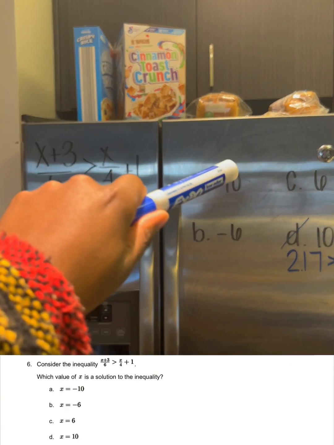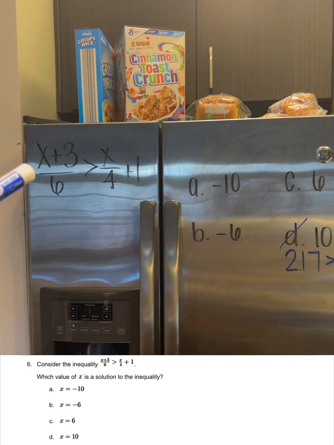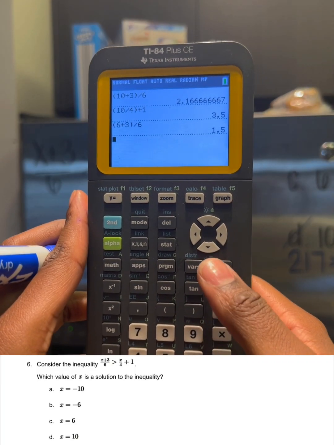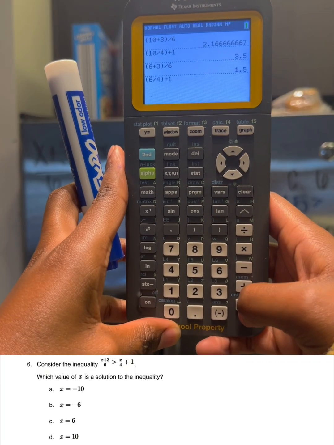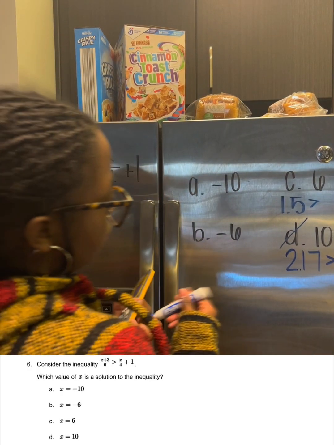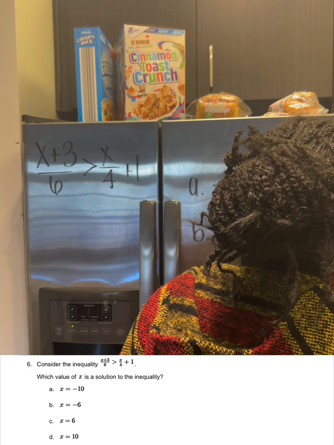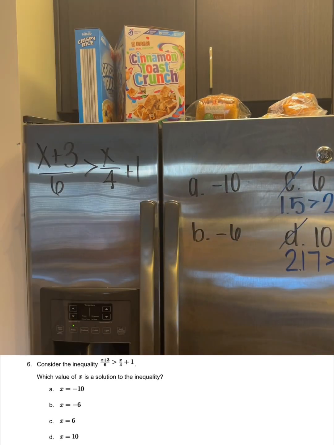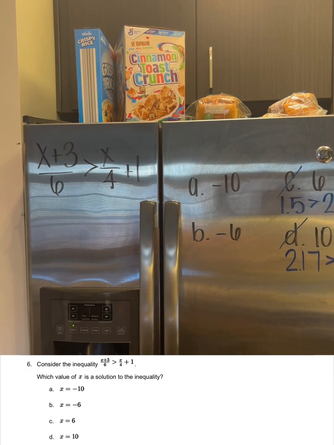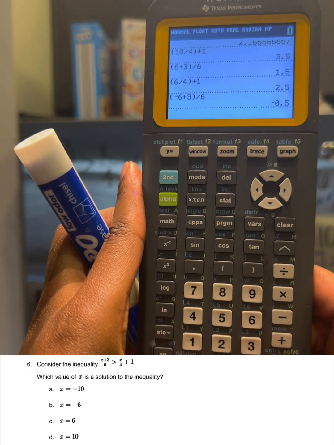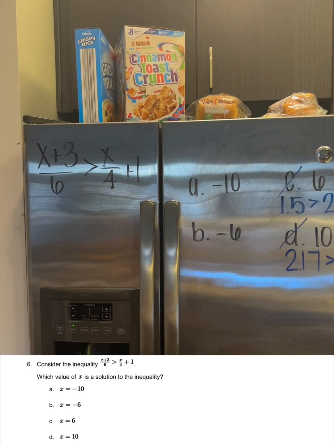Or para C, X is 6, okay? And over. So for the left side, I got 1.5, 2.5. So 1.5 is greater than 2.5? No. 6 negativo. This sign. Is it negative? Yeah. Bam. Negative 0.5.